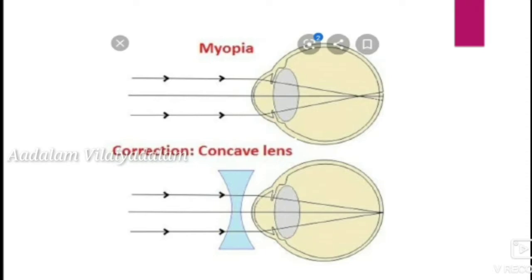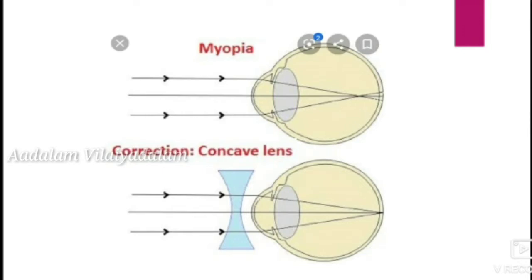And this defect can be corrected using a concave lens. Myopia is corrected by wearing a concave lens, and the focal length of the required concave lens is calculated by f equals xy by x minus y.